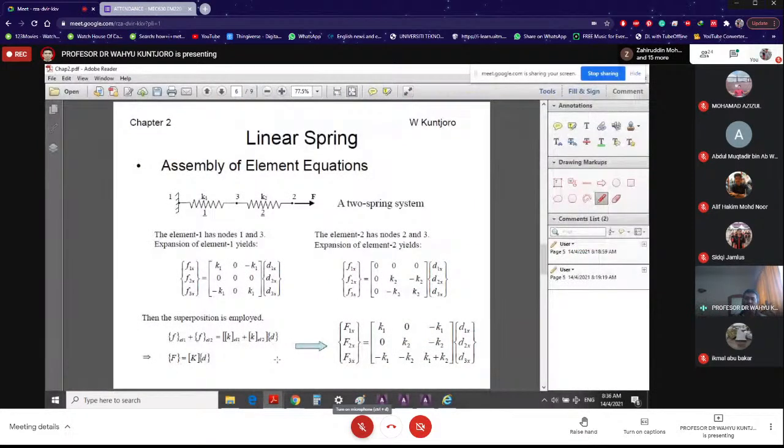That's what we arrived at yesterday. Yesterday we talked about the same thing. You have element number 1 and element number 2, and we have done our expansion. Then you combine this equation and that equation, and this is actually your F equal to KD.